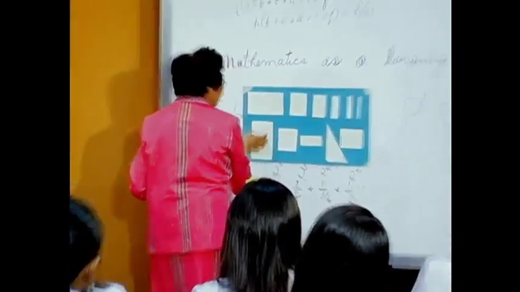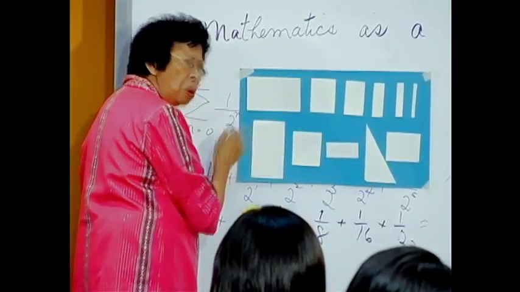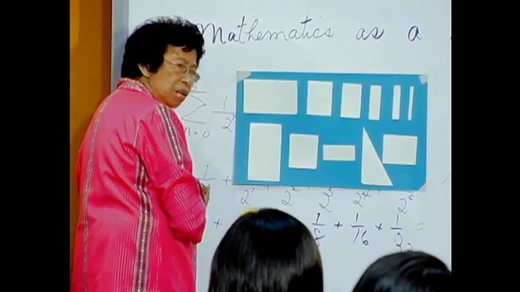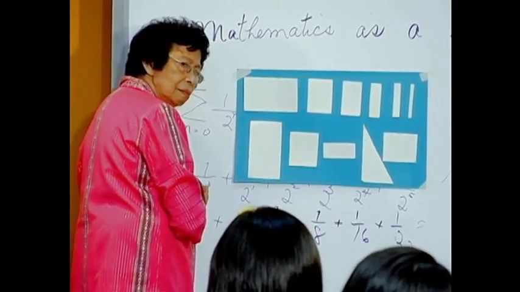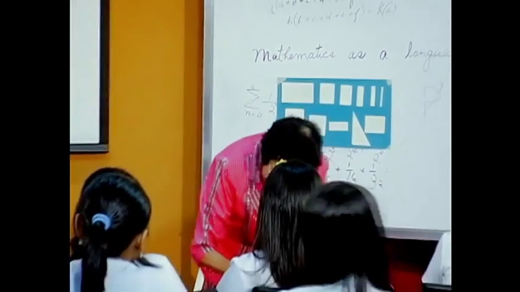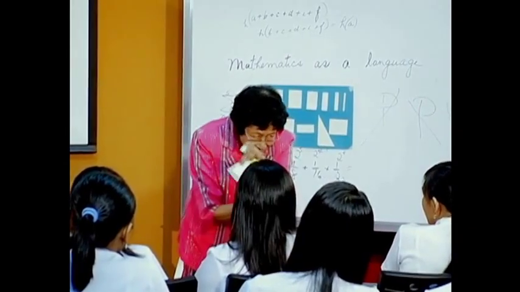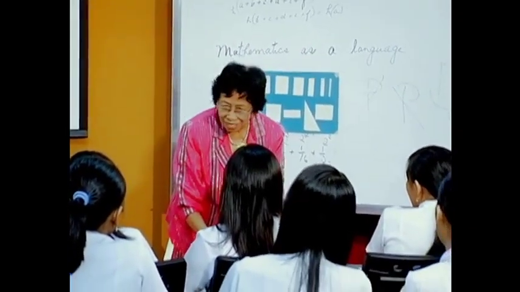Now, let's look at this. Would you say that these are congruent? They came from the same booklet, but would they have the same area? Yes. What kind of law tells you that they are equal? In other words, the area of this is equal to the area of that. Yes. Commutative.